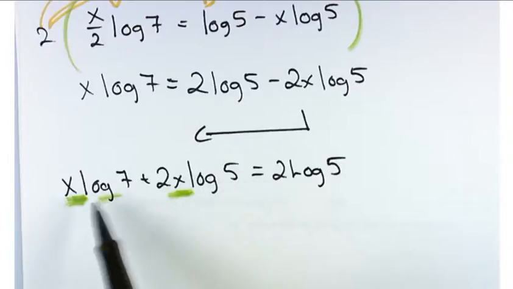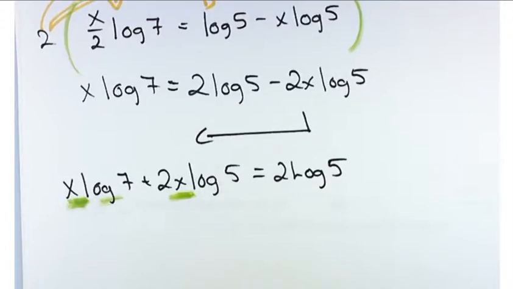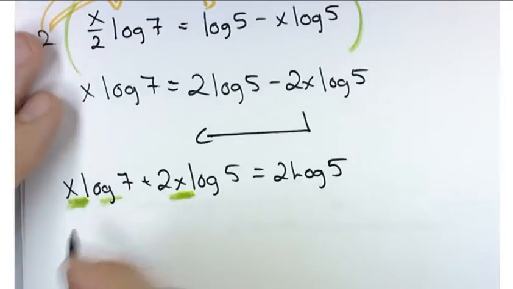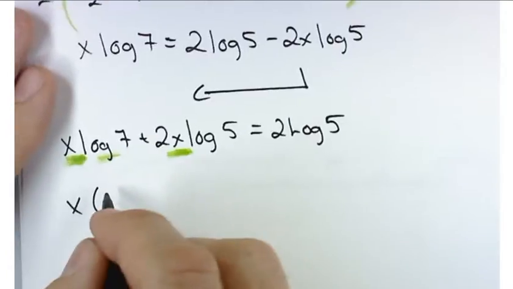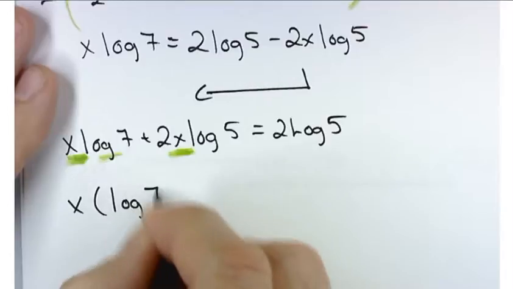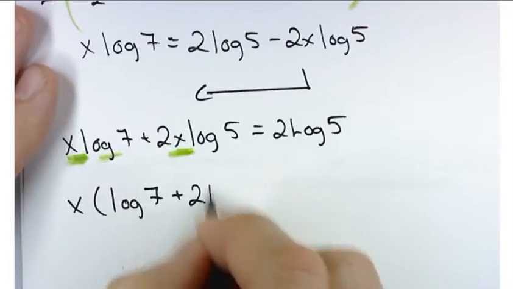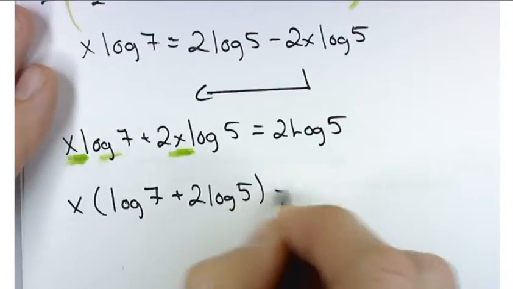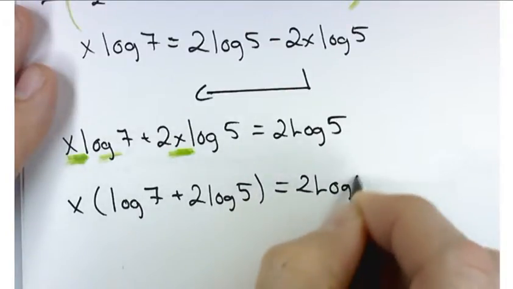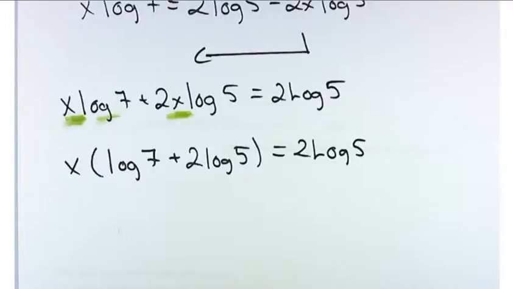I got a log of 5 and a log of 7, so we can't quite combine them. Perfect. Thank you, sir. X is the greatest common factor, and this is the other trick here. You can factor out the x. So you get x times the log of 7 plus 2 log of 5. Almost done, but that's the second trick here.